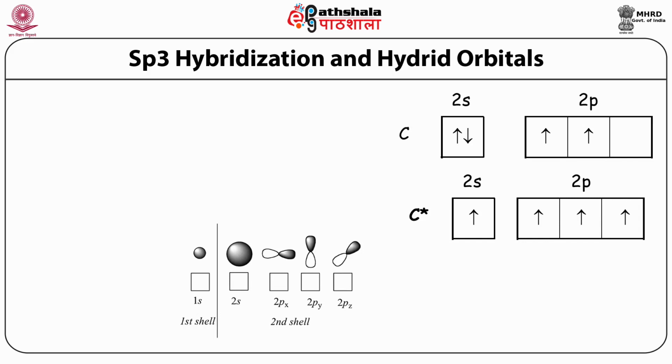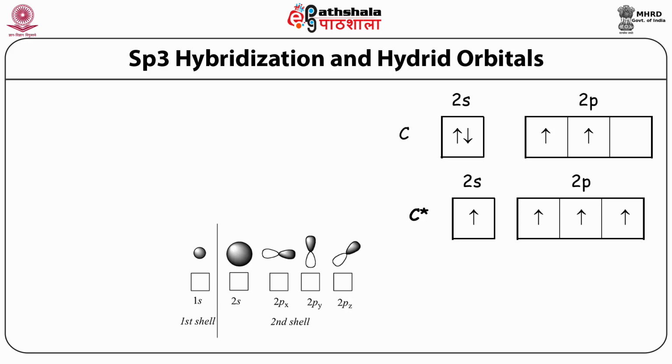CH4 is the best example exhibiting the sp3 hybridization. In CH4, there are 4 covalent bonds. So, the carbon has 4 orbitals with the correct symmetry to bond to the 4 hydrogen atoms.